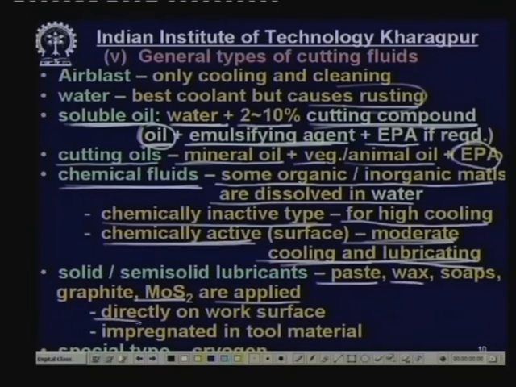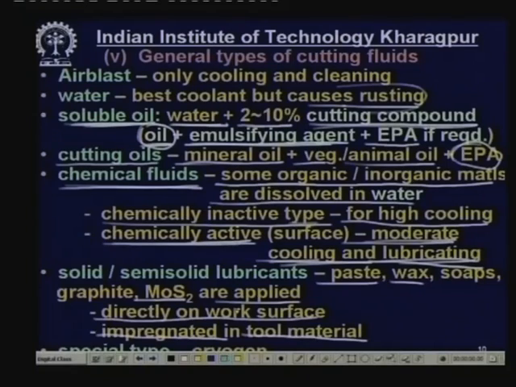Either directly on the work surface or impregnated or dispersed into the tool material, and these materials function as solid lubricant at the chip tool interface. At the chip tool interface, friction takes place, and if this molybdenum sulphide or solid lubricant in a very thin layer reaches or remains there, then the friction will come down and the cutting force will come down.